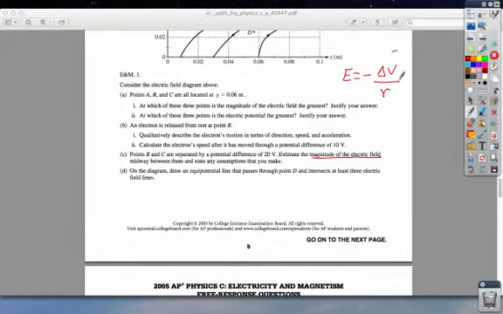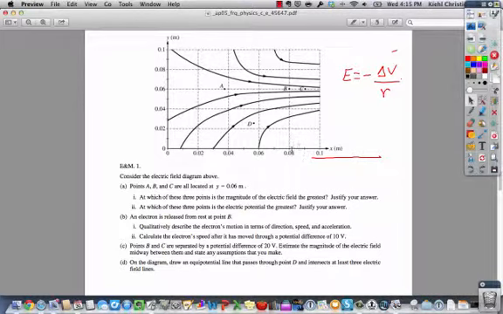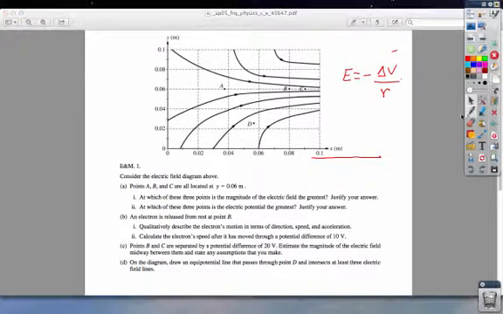In this case, if we look at our picture up here, we have to estimate the distance between B and C. And that distance looks like it's about 0.01 meters.